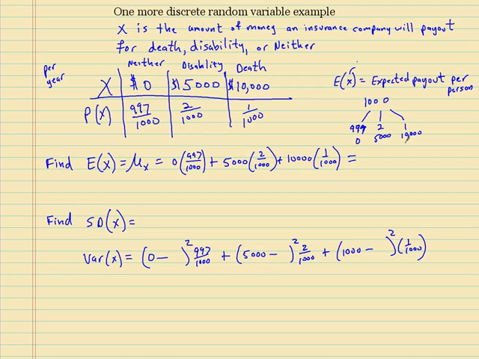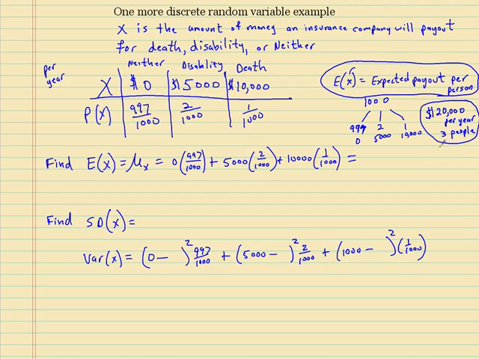If two people get $5,000 and one person gets $10,000, aren't they going to pay out $20,000 per year, to 3 people? That's reality. That's what's actually going to happen. But we don't look at it that way. We want it to be per person. So it's 1 out of 1,000, 2 out of 1,000, 997 out of 1,000.